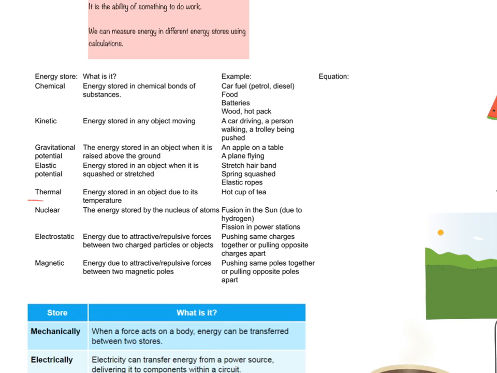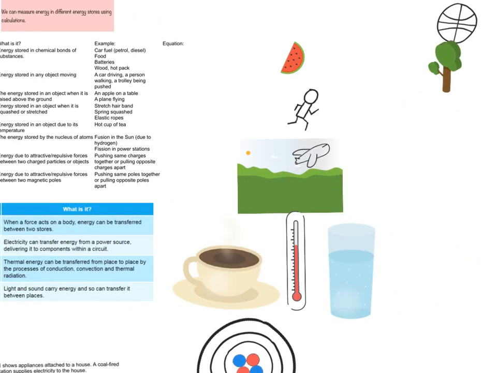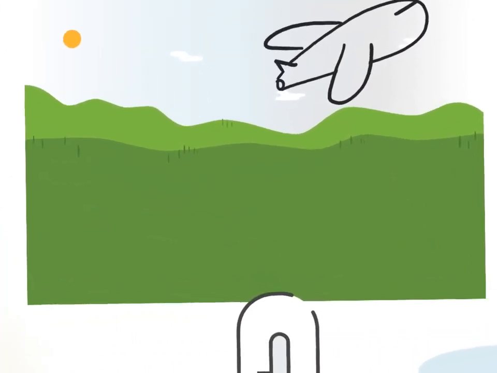The gravitational potential store is the energy stored in an object that is raised above the ground. So in general, if we look at this picture here, I have the normal level ground. So let's say that the ground is here, the plane is above the ground, hence the object has energy in its gravitational potential store.